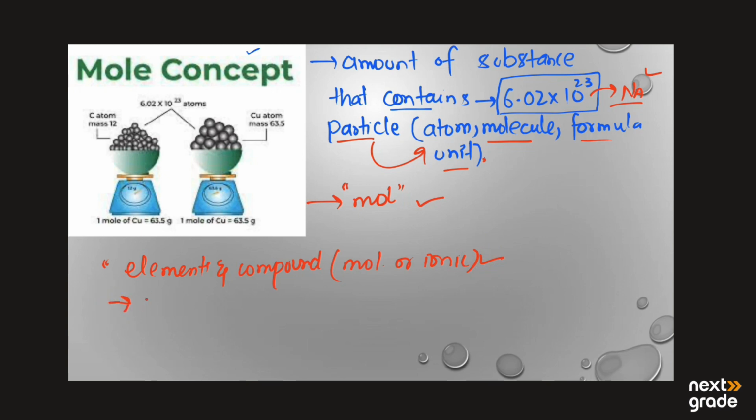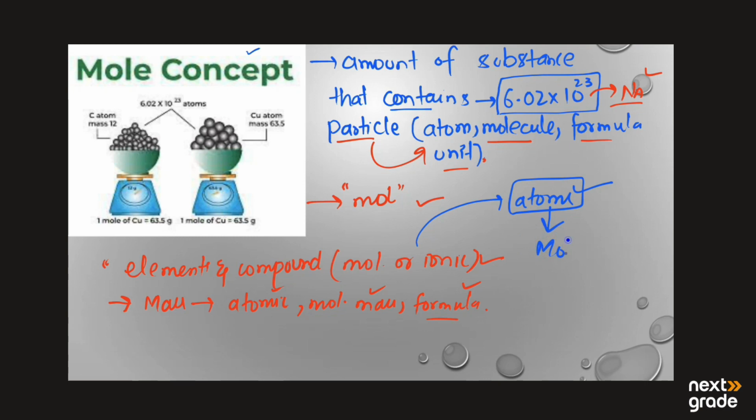We need to find the mass of these substances, like their atomic mass, molecular mass, or formula mass. Along with that, we do not know how many particles, how many atoms, are present in a substance. So to find the number of atoms, we must relate that term with the mole.